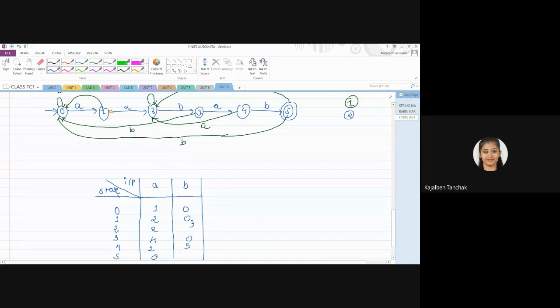At 5, here it is 0 and 2, right? Sorry, here it is 2 0. Just a second.